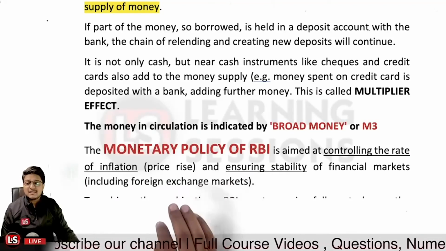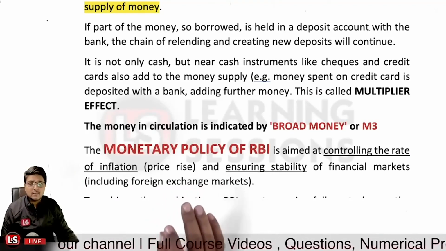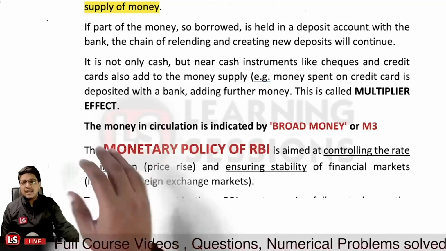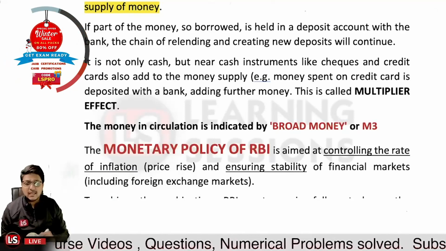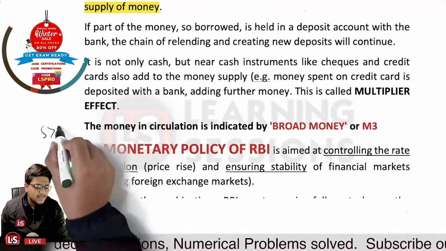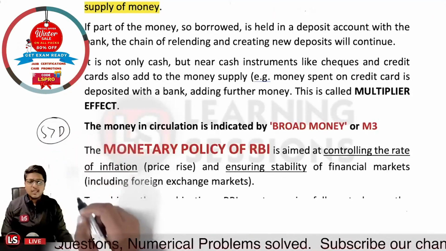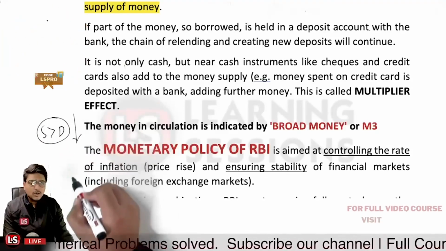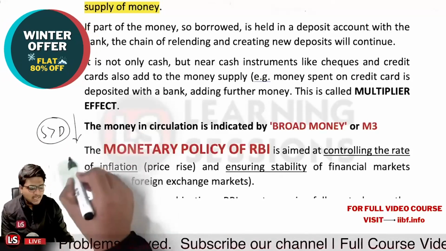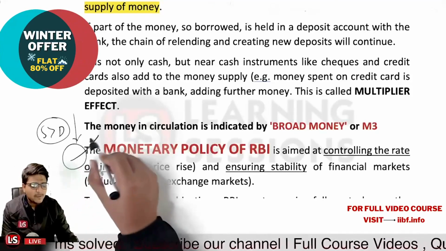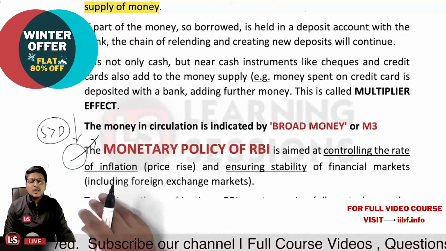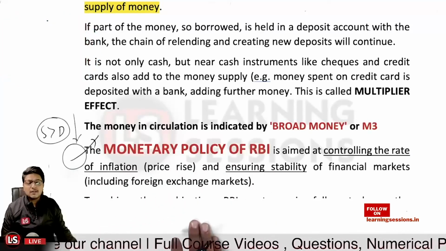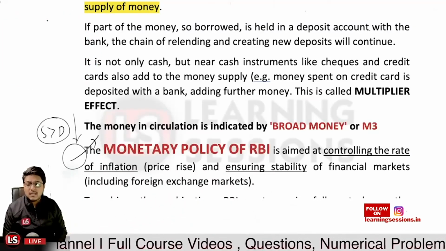If there is excessive liquidity available in the market, the supply is greater than the demand, the interest rates will go down, people will demand more money and spend more, and ultimately the inflation will rise.